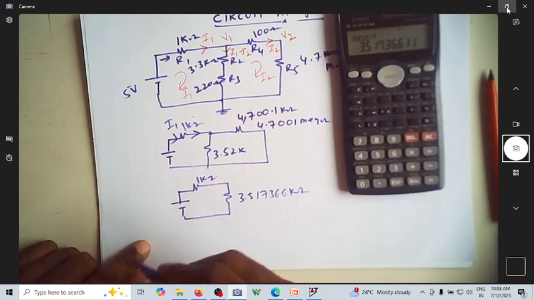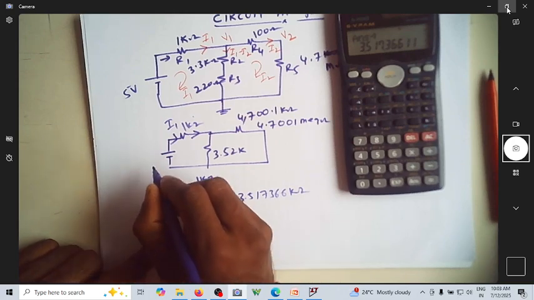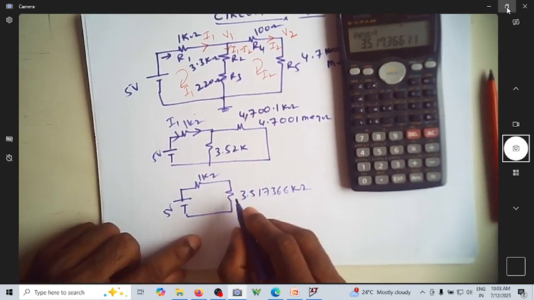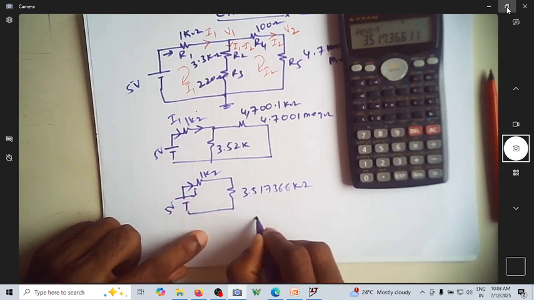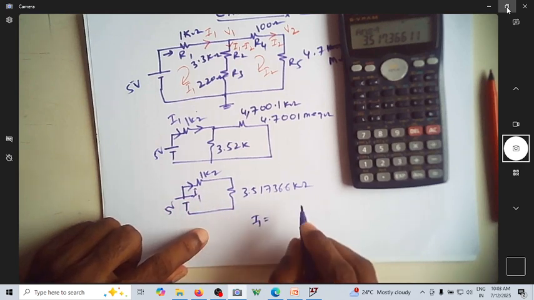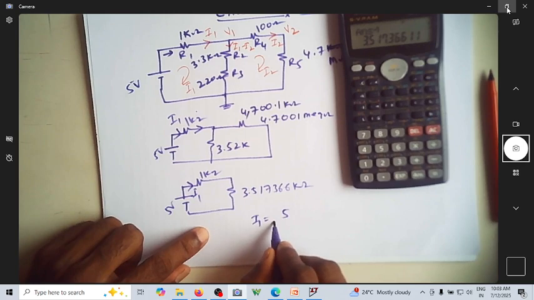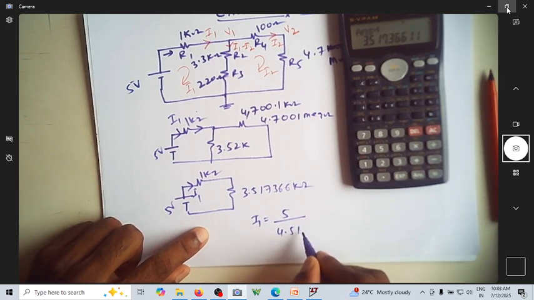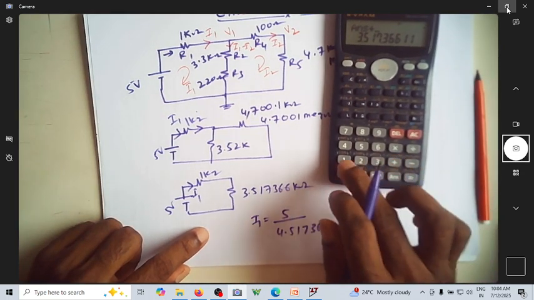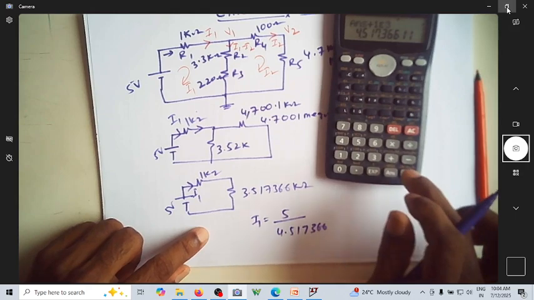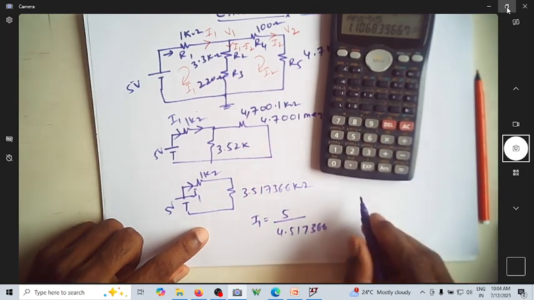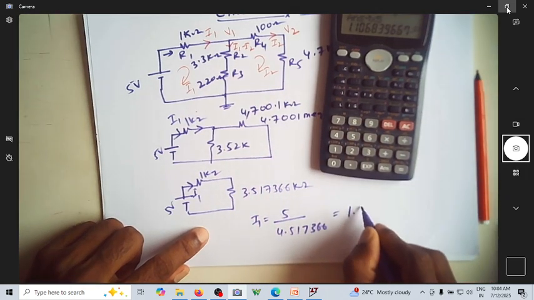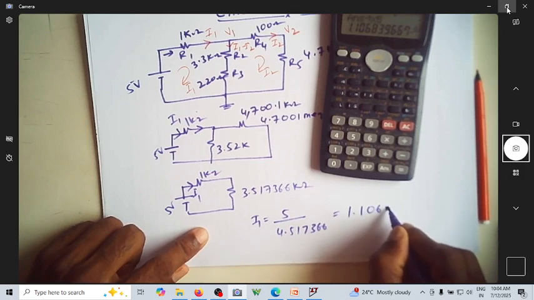So now what is the overall resistance? This is 5 volt, and this current I1 would be equal to 5 volt by 4.51736, so I'll make this plus 1 exponential 3, 1 over that into 5, would be a current of 1.106 milliamperes.